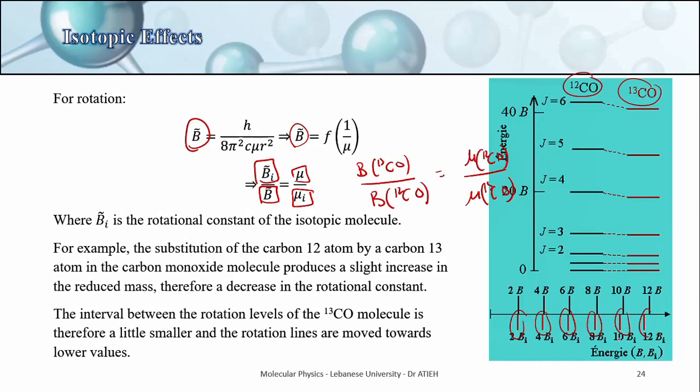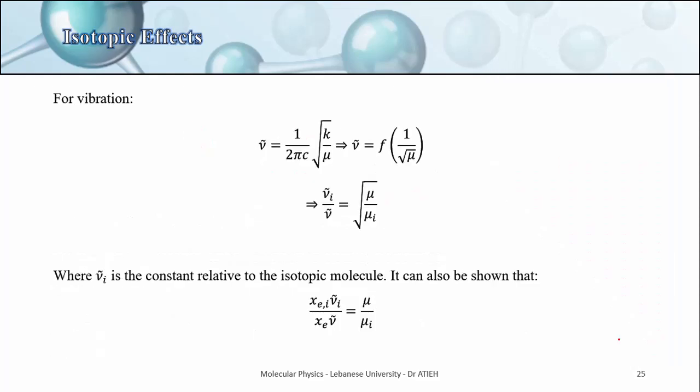Now, how does this isotopic effect appear on vibration? You know that nu bar is equal to 1 over 2 pi c radical k over mu. So nu bar is a function of 1 over radical mu. So nu bar I over nu bar is equal to radical mu over mu I, where nu I bar is the constant relative to the isotopic molecule.